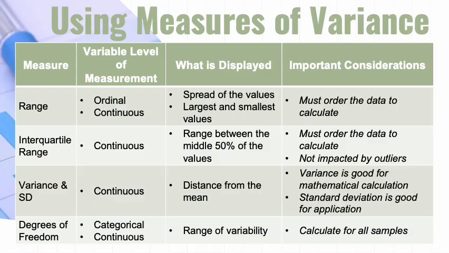We then discussed variance and standard deviation, which can be calculated for variables at the continuous level of measurement. Variance and standard deviation tell us information about the data points. Variance looks at how spread out the data points are in general, and the standard deviation looks at, on average, how far the data points vary or move away from the mean.